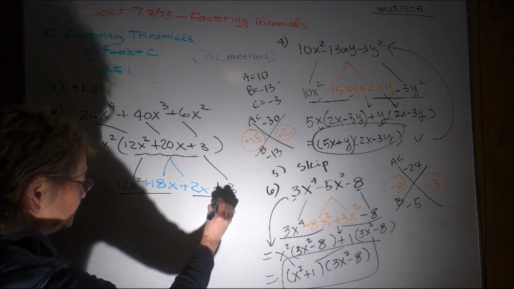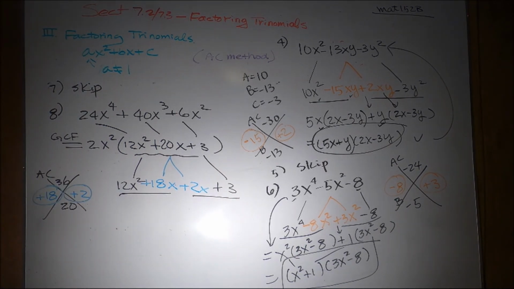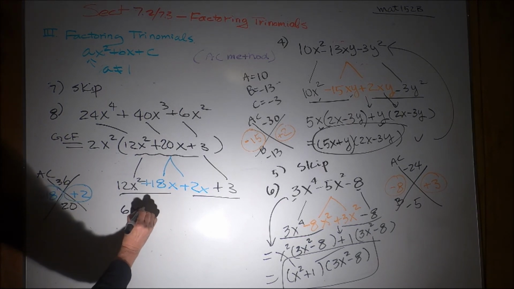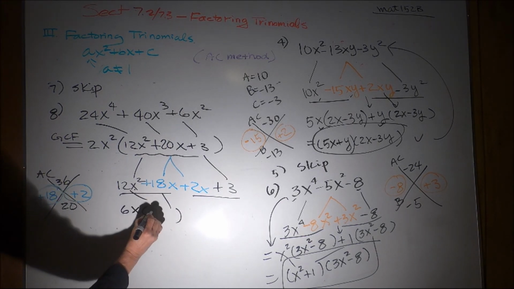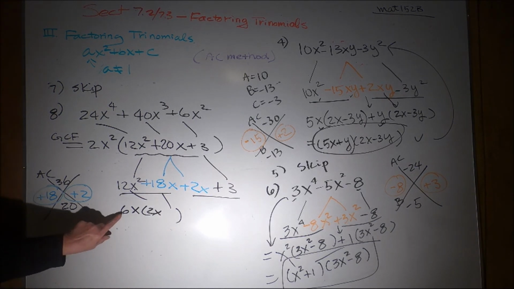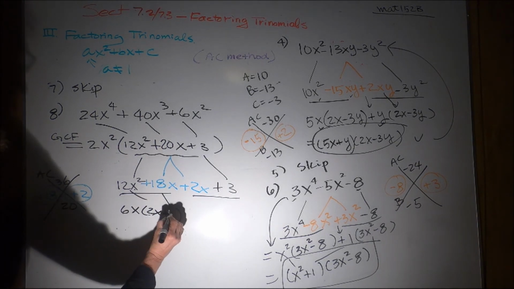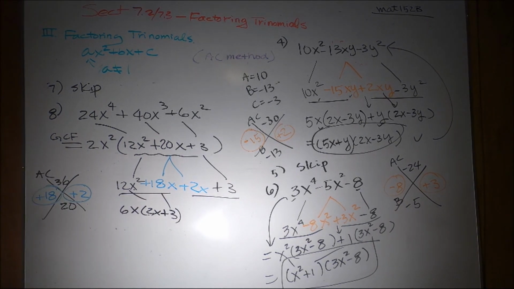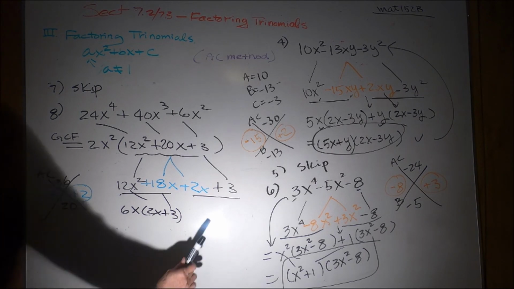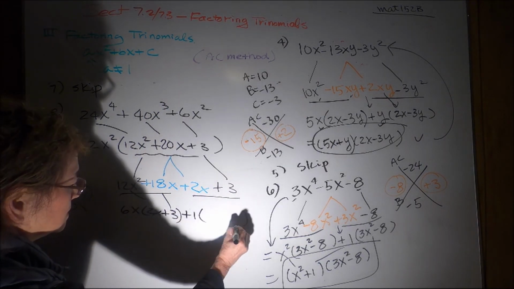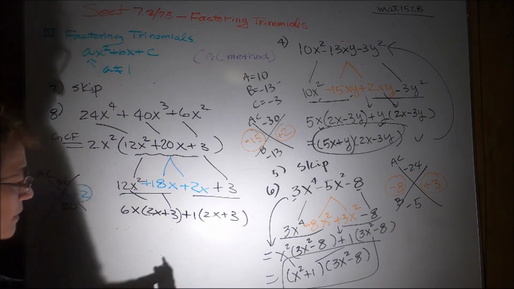You group them, right? Then you use GCF, that would be 6 and x, right? So that would be 2x left, 6 times 2, 12, x times x, x squared. Then for the second term, that would be just 3. Then for these two, they don't have anything in common. That means GCF is what? 1. Plus 1, then you have 2x plus 3, right?